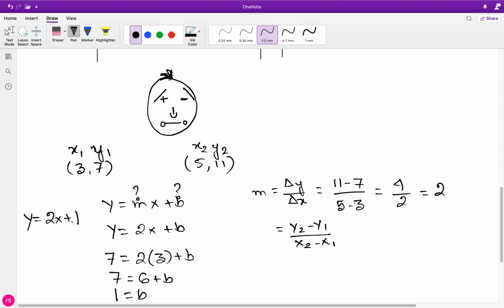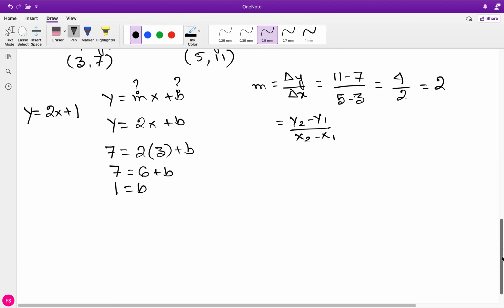Now this is our slope-intercept form. How can we change slope-intercept form and write it in general form? The general form of a line is always written like this: ax plus by plus d equals 0. It just means that you move all the values of x and y and the number to one side, and on the other side you don't have anything.